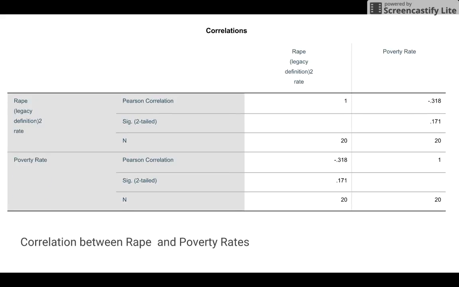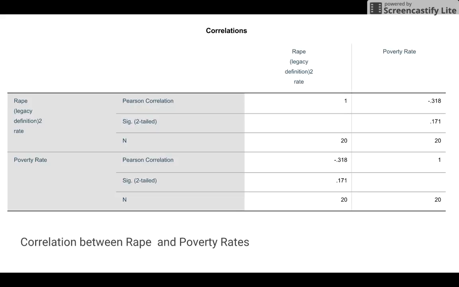The next one is rape, and it is significantly smaller than the 0.95, but it still is a lot greater than 0.05, so therefore there isn't as much correlation to the poverty rate.